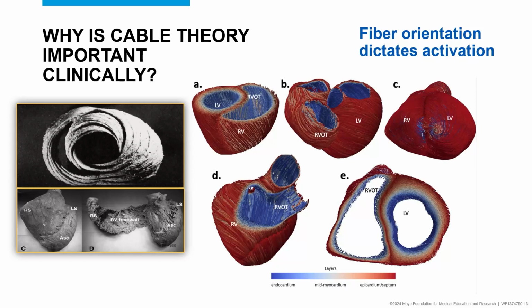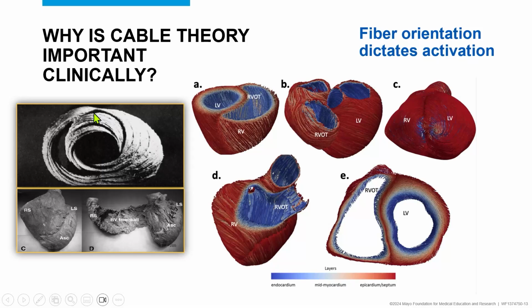You can also see from this MRI reconstruction, even though we have fiber orientation on one particular level, that's not the same throughout the muscle. You've got endocardial cells, midmyocardial and epicardial cells, and the fiber orientation can be very different. So being aware of that is very useful for pacing. It's very useful for ablation. The fiber orientation, if you're able to leverage that, you can use that for resynchronization, or it can be your enemy with resynchronization.